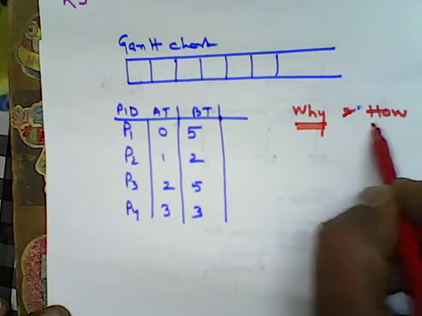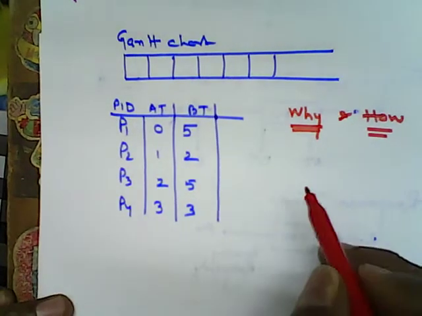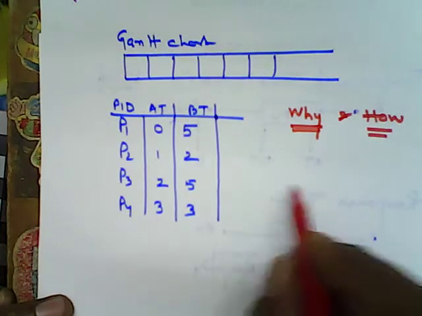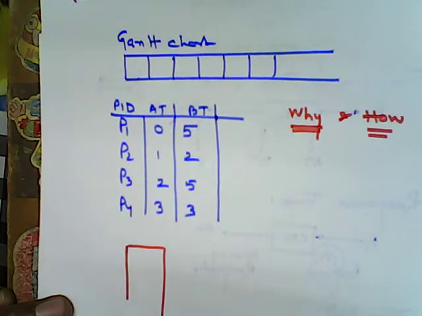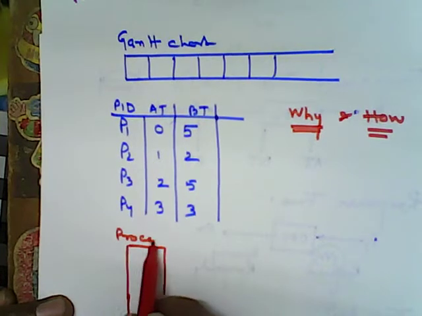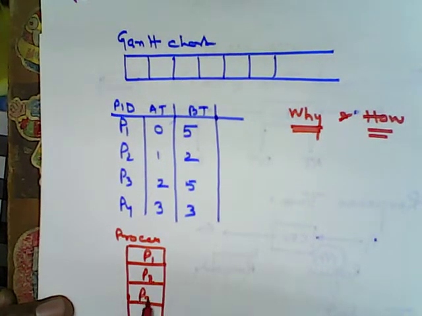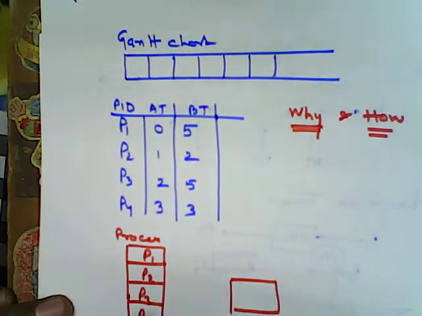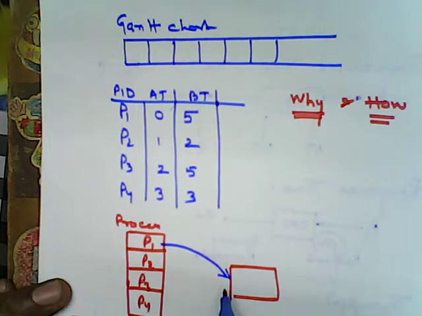If you try to see, when I say process P1, that means this is a process where I am having P1, P2, P3 and P4, and where is it going? It is going to the CPU, and this is the AT, and from here it is going to be processed and executed.